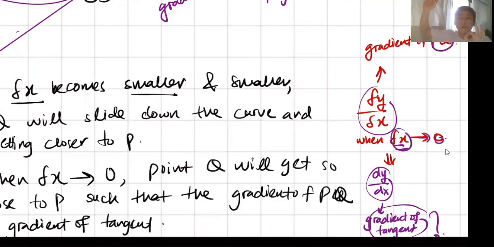And the understanding is what I told you just now. As Q moves closer and closer to P, you will realize that they form a line between them whose gradient is actually the gradient of the tangent already, because Q and P are so close now. That is the idea of the gradient of the tangent.